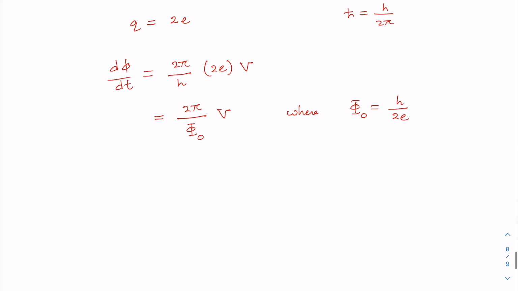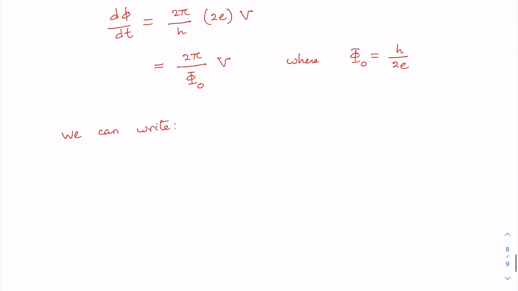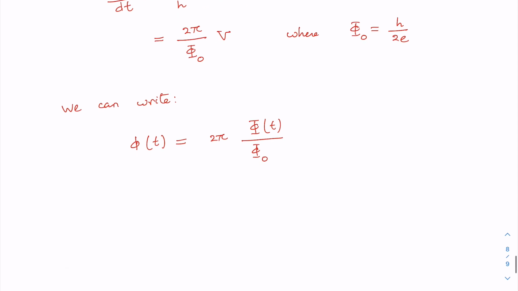Now we can write phi of t is equal to 2 pi times the magnetic flux phi of t divided by the flux quantum phi 0, where this magnetic flux phi of t is equal to the integral of the voltage v of t dt dash.